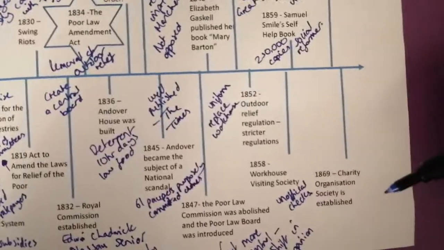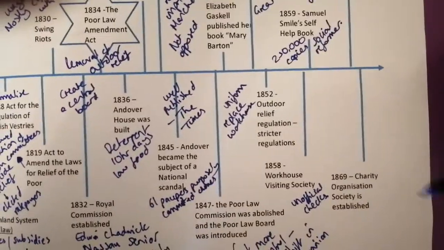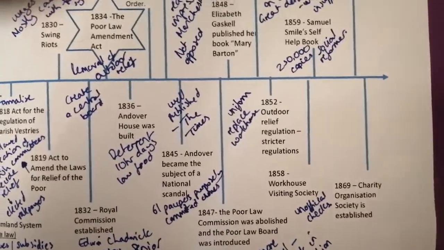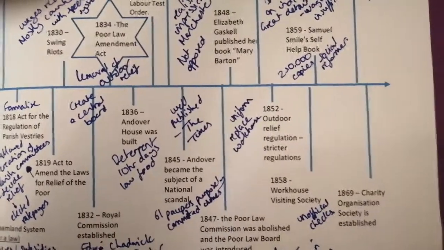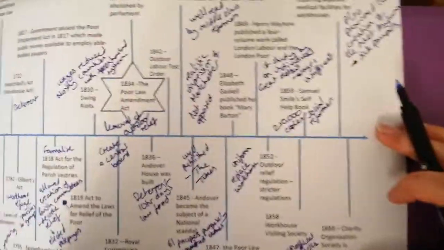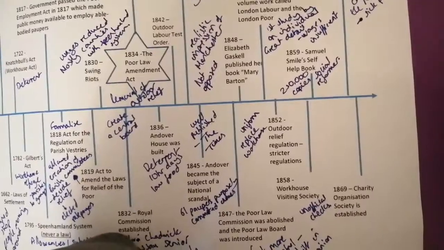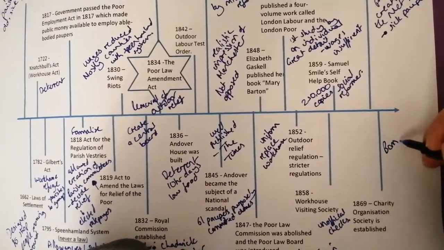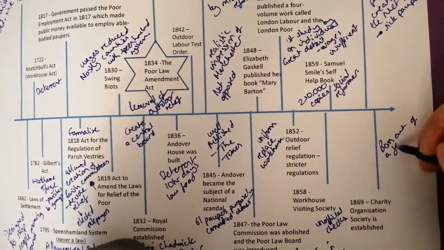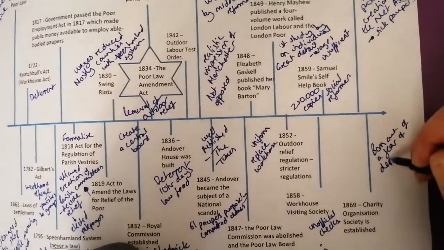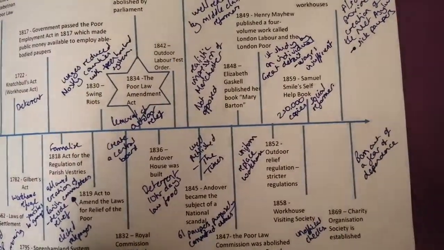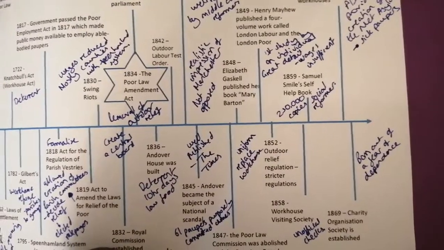And then also in 1869, we have the Charity Organisation Society. It's not as amazing as you think to start with. It's still quite deserving versus undeserving. And it was actually, I'm going to put, born out of a fear of dependence. It very much thought that charity was just going to give more dependence on the poor.